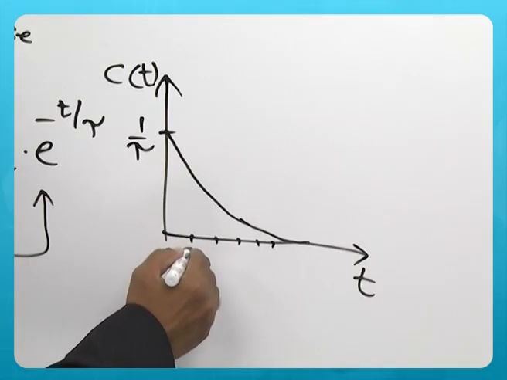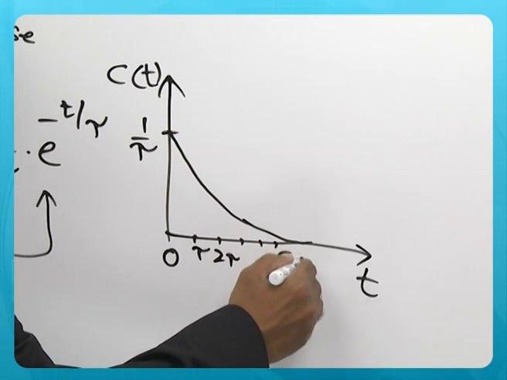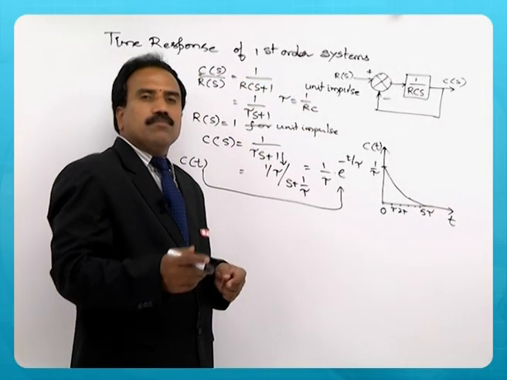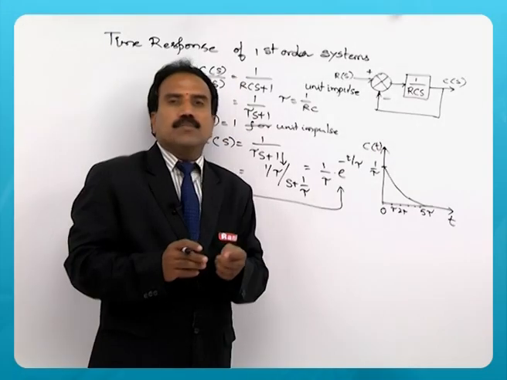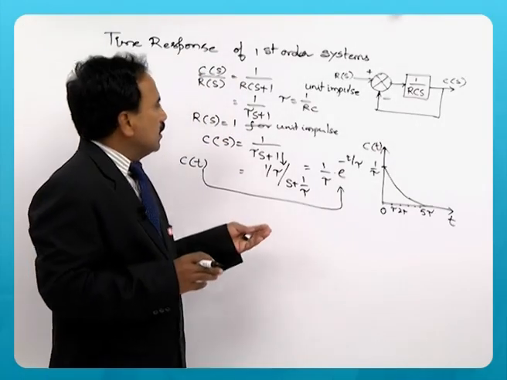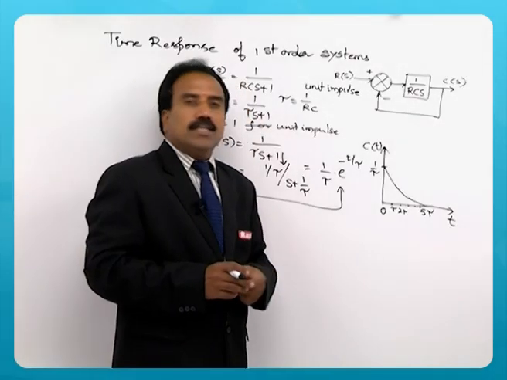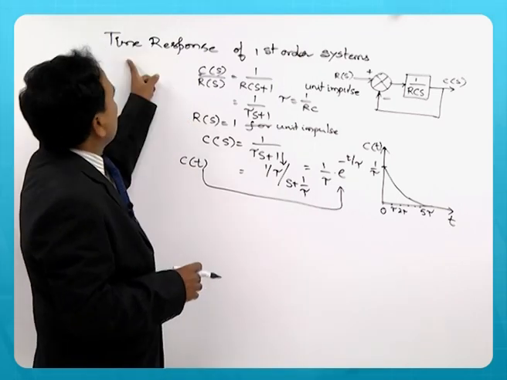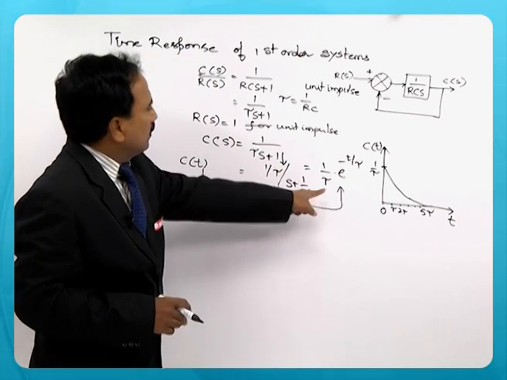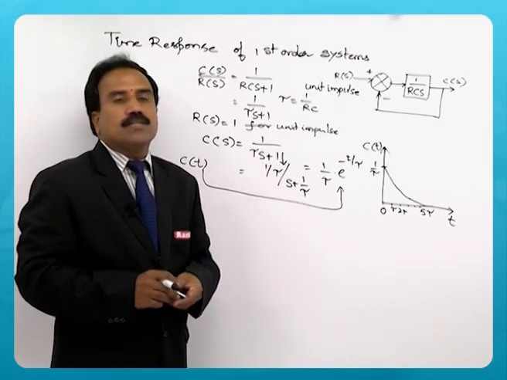So, this is tau, 2 tau, 3 tau, 4 tau, and by the time it is equal to 5 time constants, that impulse response has become 0. So, this is a stable system, I say, because the time response is decaying as fast as possible. So, this is the time response C(t) of a first order system for unit impulse input.